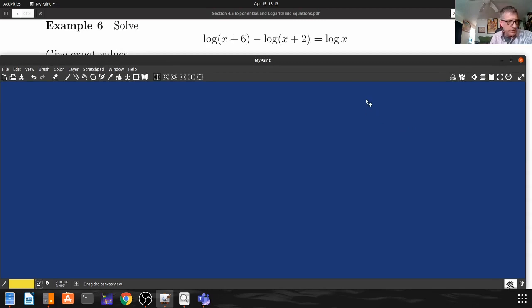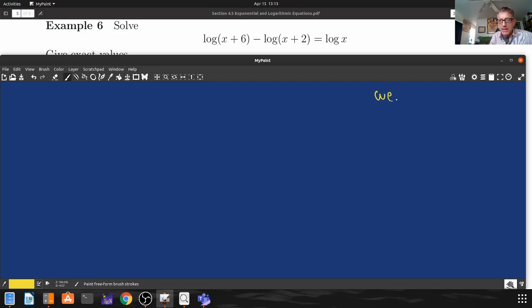The first thing we need to do is be careful about our domain, because here we have two possibilities. The log of a number is only defined if that number is greater than 0.